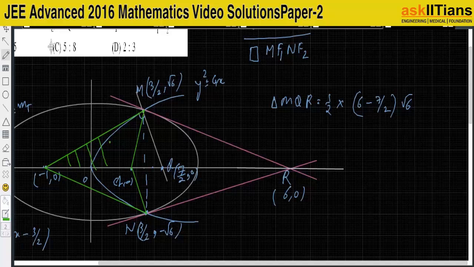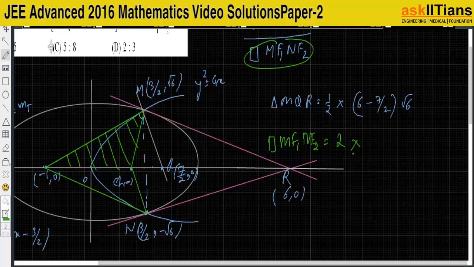If I find the area of this triangle and double it, I'll get the area of that quadrilateral.